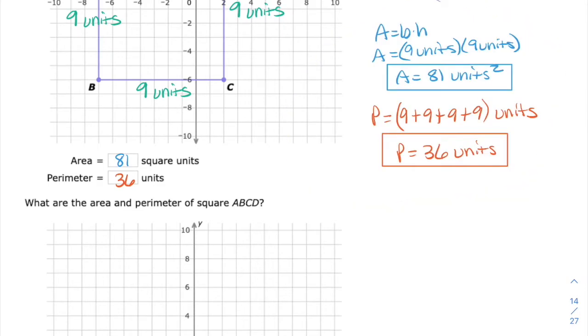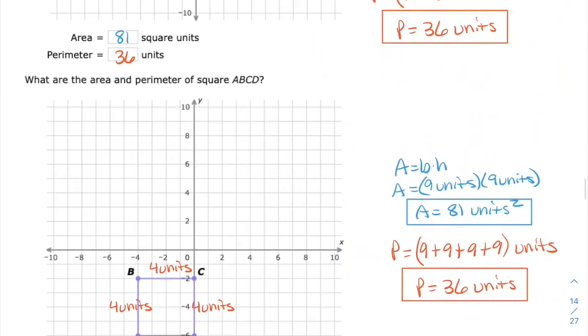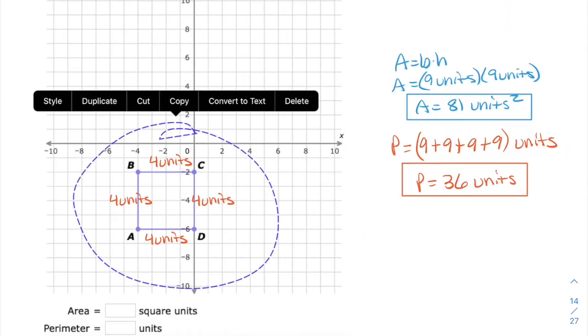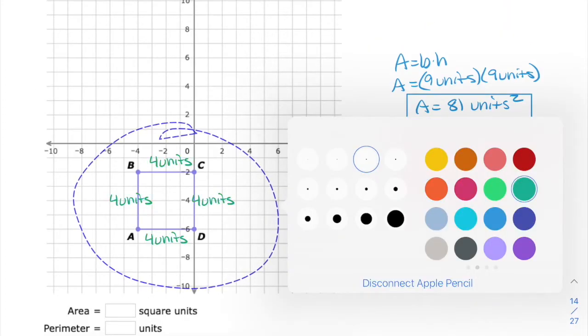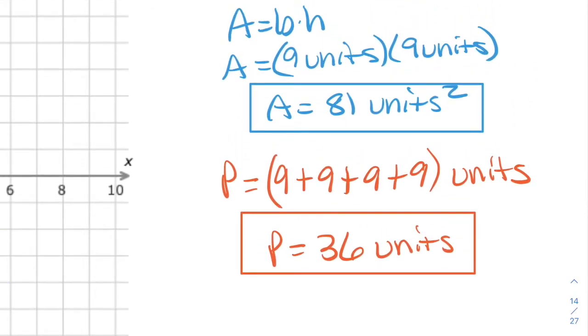I'm actually going to use the number 4 instead of 9.